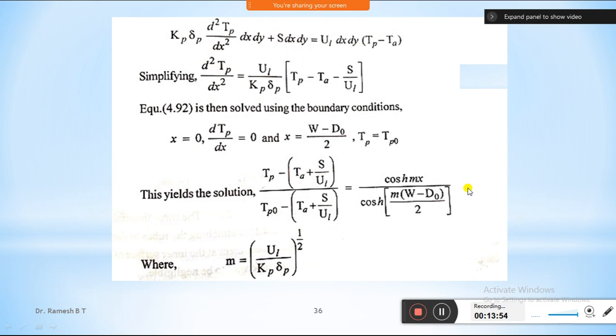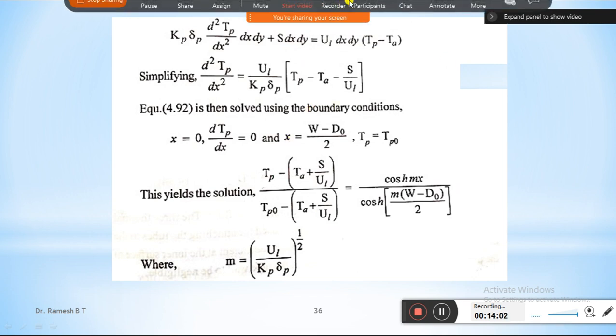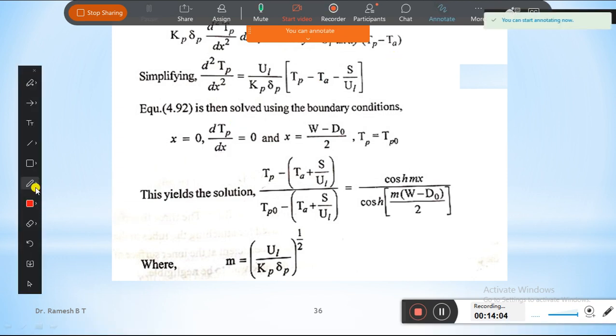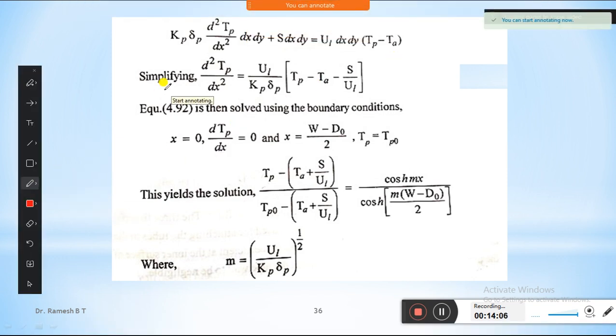And we can write it in equation form, that is Kp. We already know that Kp is the thermal conductivity of the plate.